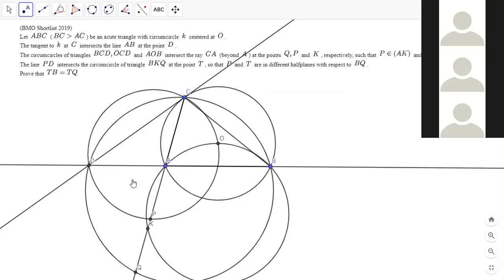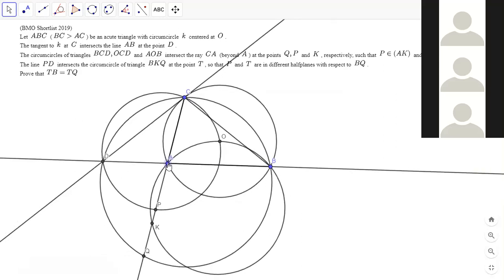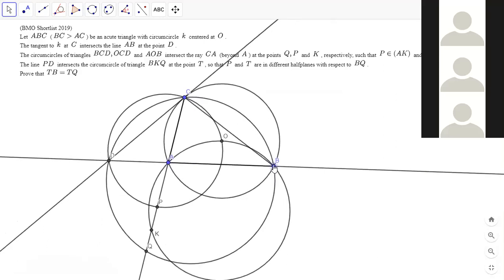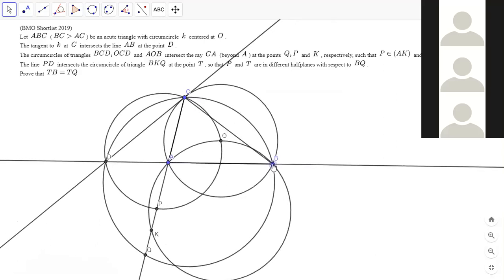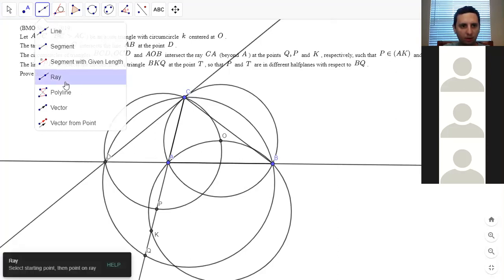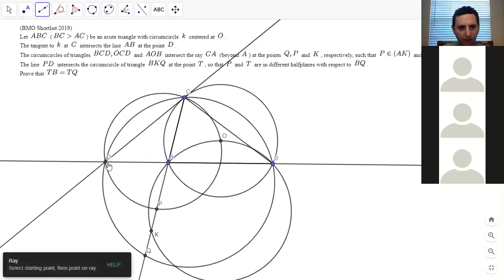That looks good. Okay, so they're in that order, APKQ. PD intersects the circumcircle of BKQ.